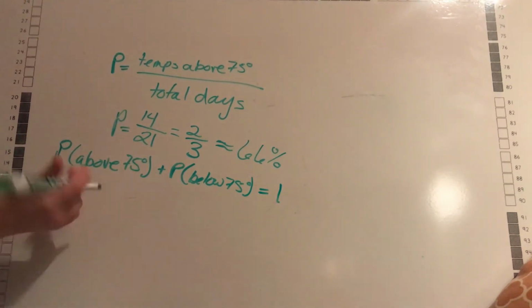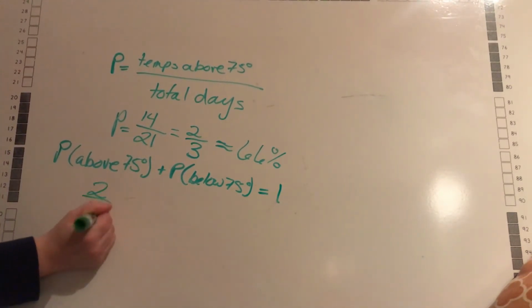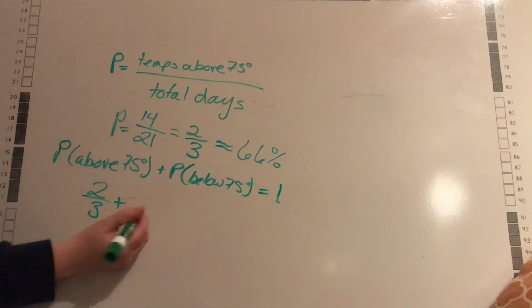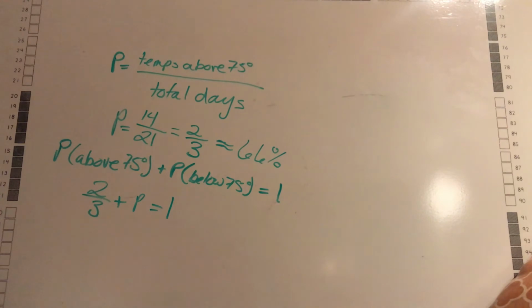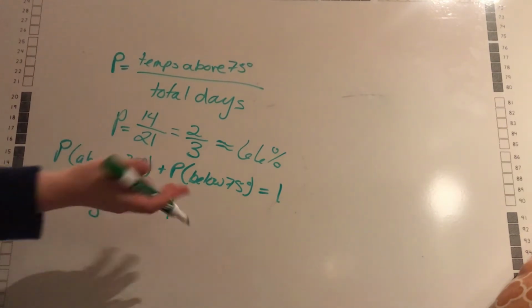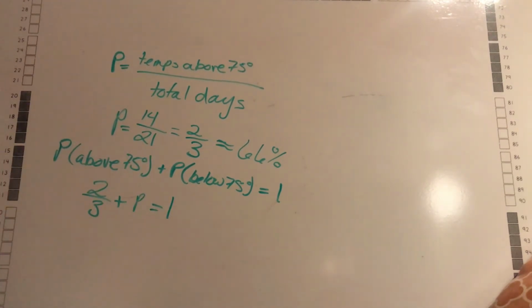So we already know that this one is 2/3. So 2/3 plus this unknown equals 1. Well, 2/3 plus what equals 1? Well, that's going to be 1/3. So we know that the probability of it being below 75 is 1/3, or 33%.